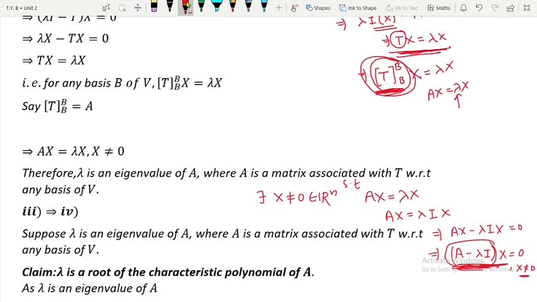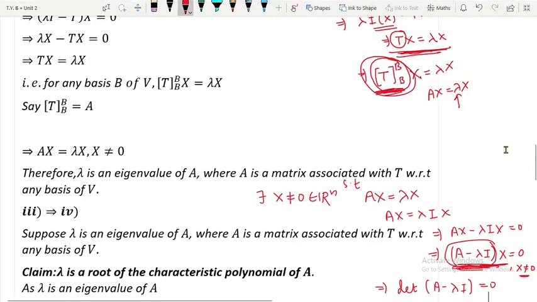But that is not the case. Since this system has a non-zero solution, the determinant of this coefficient matrix should be 0 only. So this will imply that determinant of A − λI should be equal to 0. And what does it imply? This implies that λ is a root of the characteristic polynomial of A, and that is what we wanted to prove.